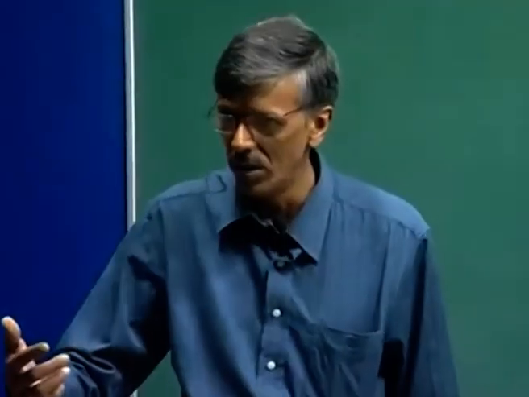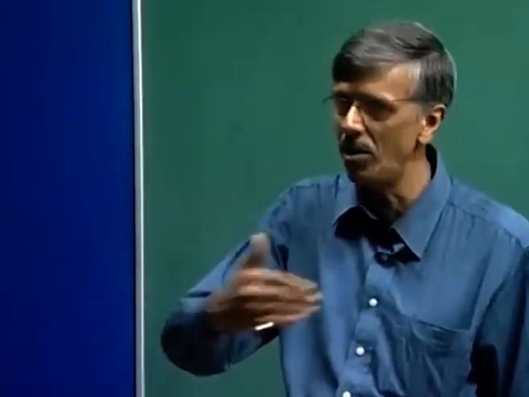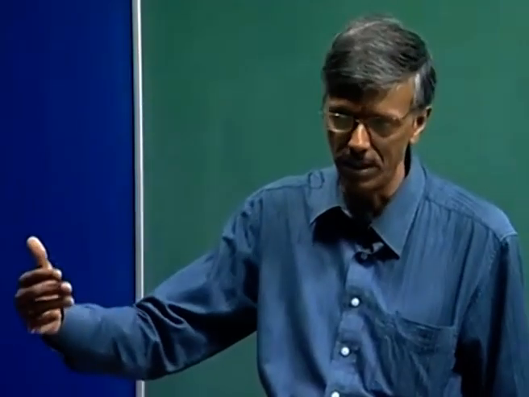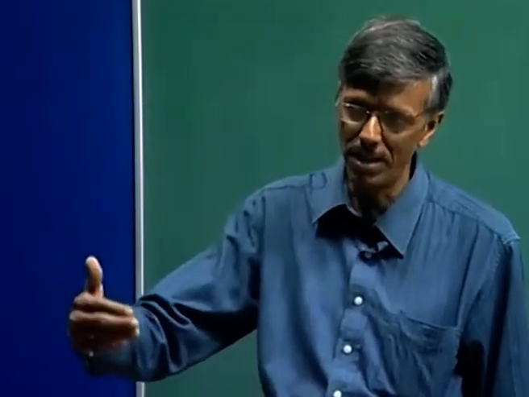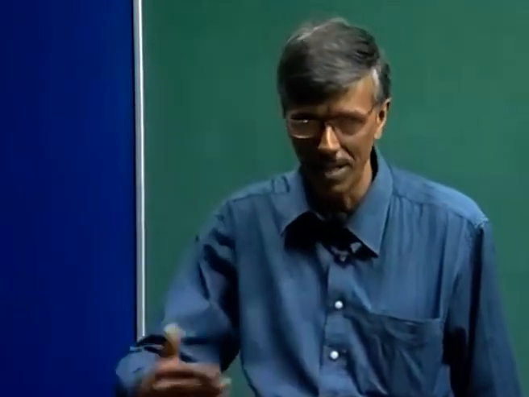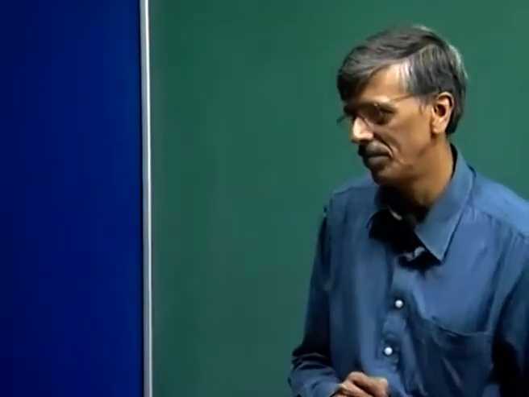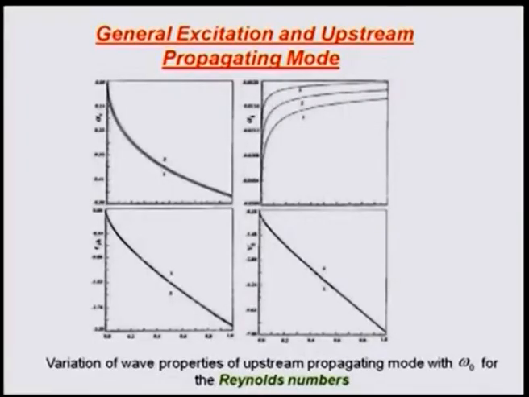So if you are looking at these upstream propagating modes, at lower Reynolds number, you will not see their effect very much, because the damping rate is very high. But as you go to the later part of the boundary layer, where Reynolds number is increasing, there this damping rate comes down, and you would be able to see those.